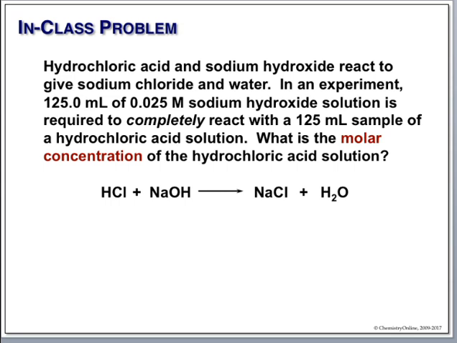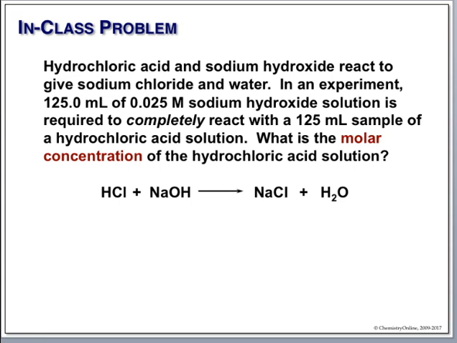Okay? So we have a concentration and a volume. We remember that that means we know how many moles of sodium hydroxide we have. Now we also have a hydrochloric acid solution.